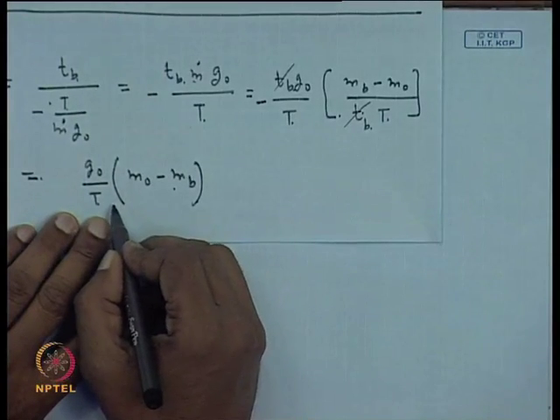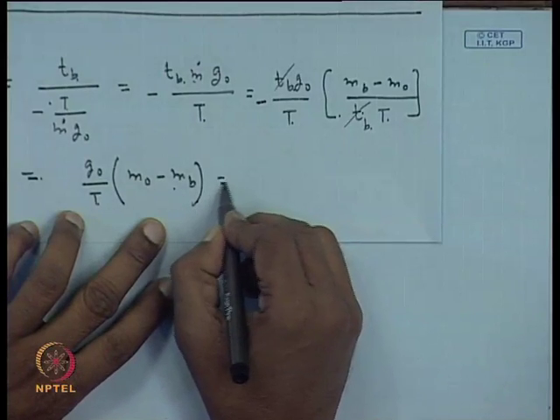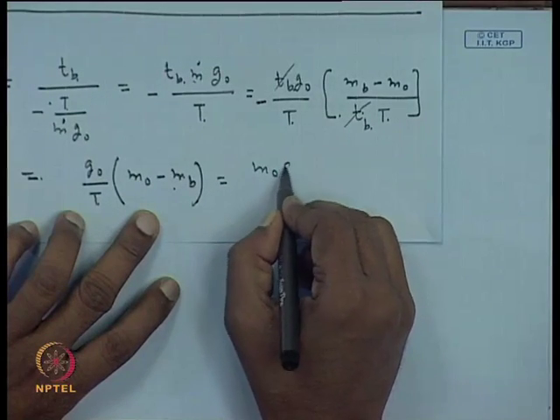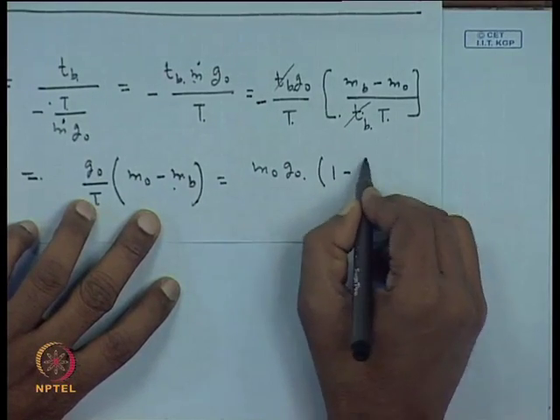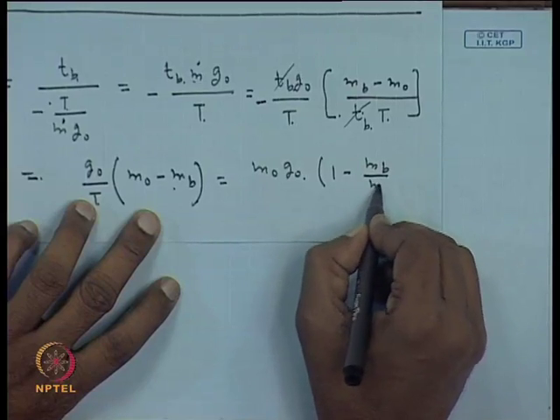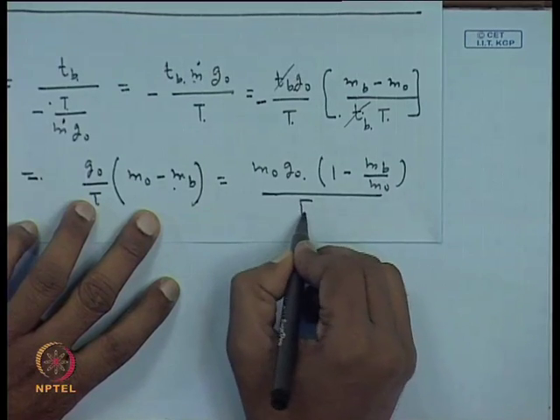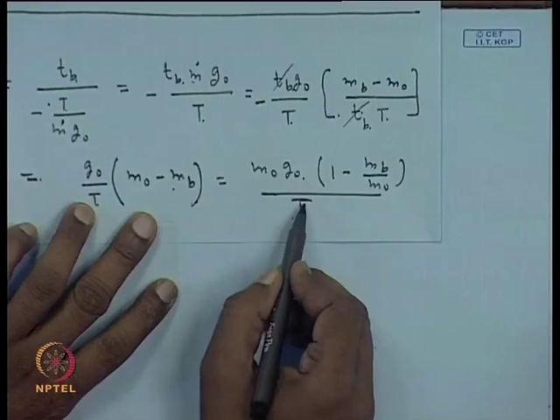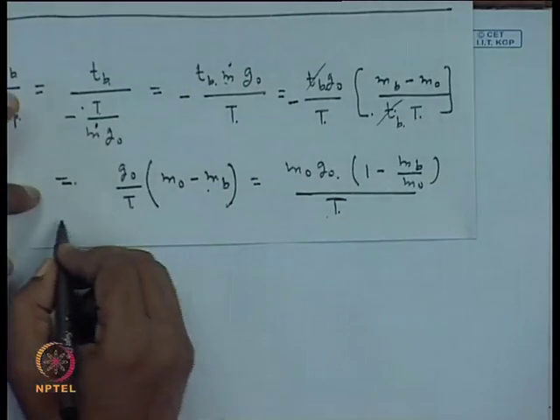Now, if we take m 0 outside, so this is m 0 times g 0 times 1 minus m b by m 0, divided by T. T by m 0 g 0 we have written as the thrust ratio.